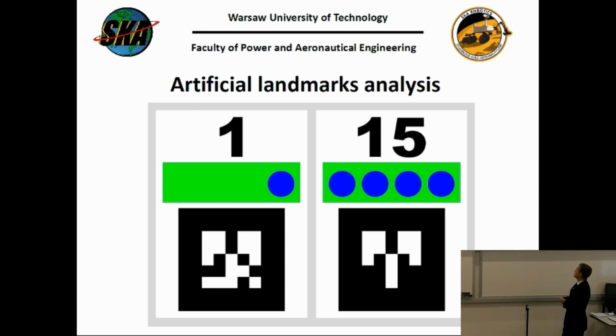Second are blue dots on a green rectangle, and the third way are the artificial fiducial markers called ArUco. And for our purposes, I chose the third option, the ArUco markers, as I believe that they are the most robust and efficient way to detect such landmarks.